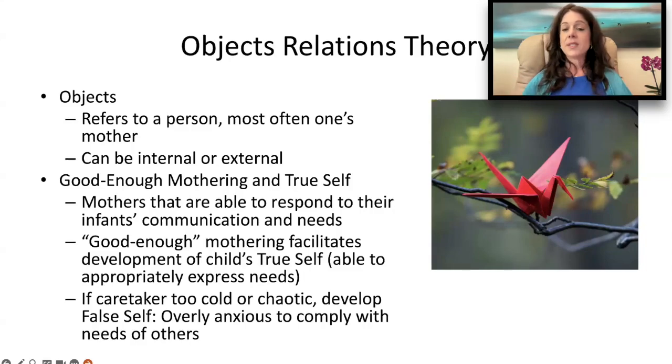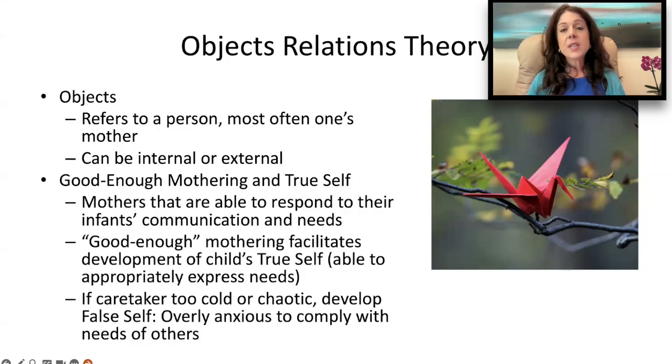You don't have to have perfect parenting, but when you have good enough mothers, who are able to respond to their child's communication and needs, the child is able to develop what they call the true self. And so this is being able to express your needs in appropriate ways and get your needs met. If the caretaker is either too cold or too chaotic, what happens is you develop what's called the false self, which is overly anxious, trying to comply with the needs of others in order to get your needs met.